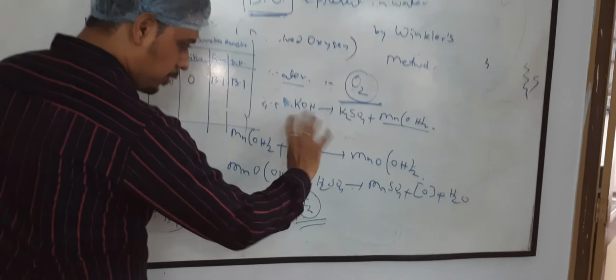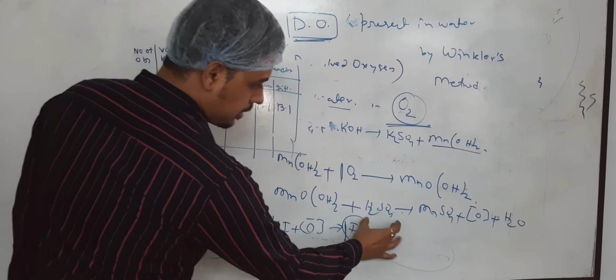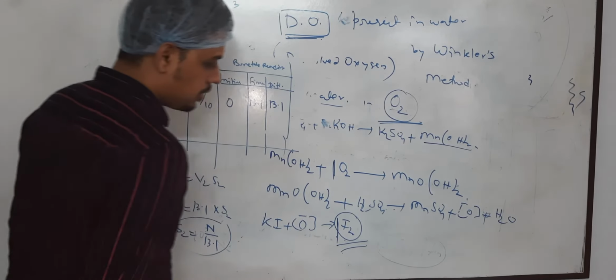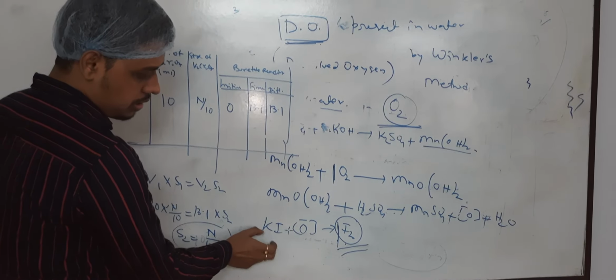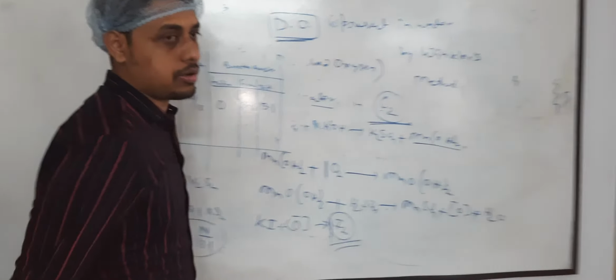So we have added manganese sulfate and the KOH iodine mixture for the formation of this, and now we will add H2SO4 for the formation of nascent oxygen. That nascent oxygen will react with KI for the formation of iodine.